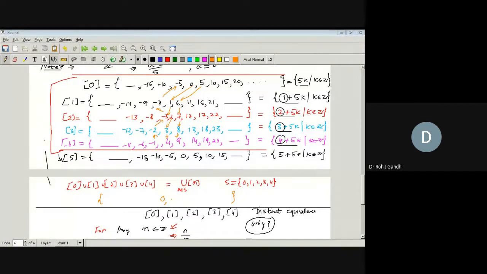Okay, Khushdeep, no problem. How many of you can see that if I take the union of these equivalence classes, I will get nothing but the set of integers?